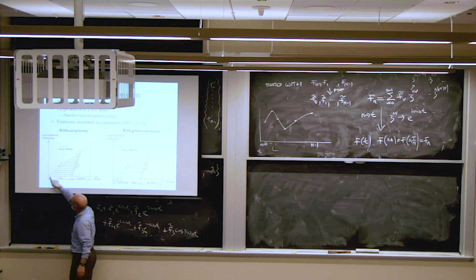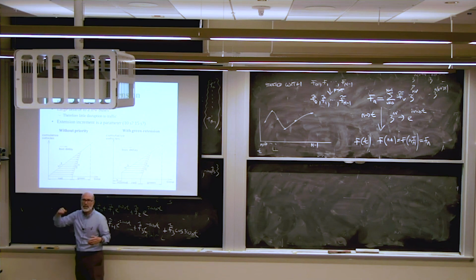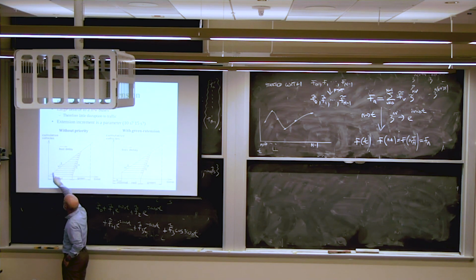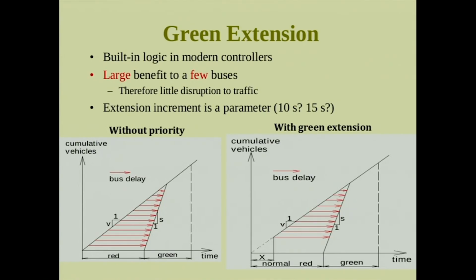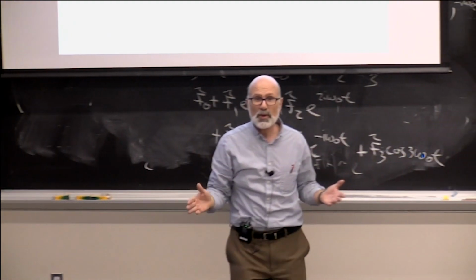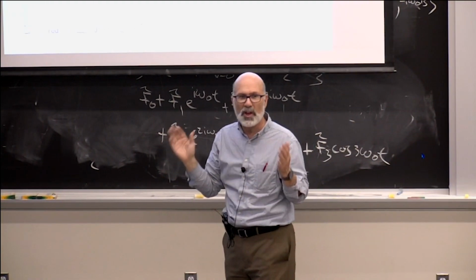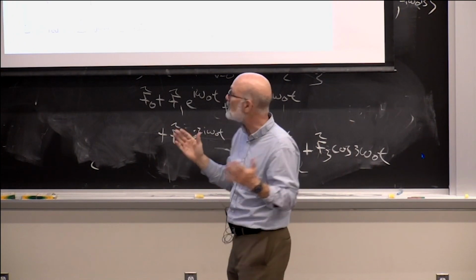So each horizontal line represents a certain vehicle that has arrived. So let's say vehicle number 2 arrives here, and vehicle number 2 doesn't depart until here, so that horizontal line is the waiting time of vehicle number 2. So in this representation, horizontal distance is waiting time.